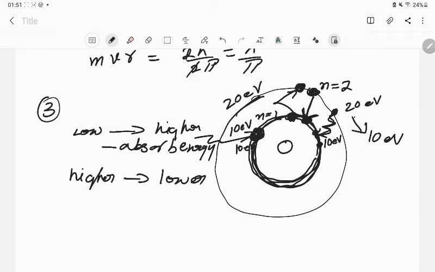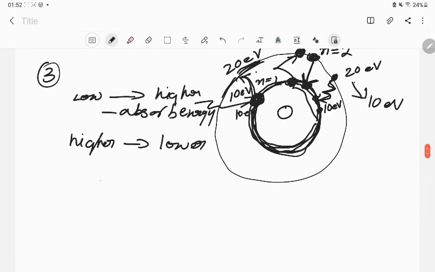Automatically it will jump to a higher energy level, because a total of 20 cannot be in the first orbit, it should be in the second orbit, so it will jump to the next higher energy level.